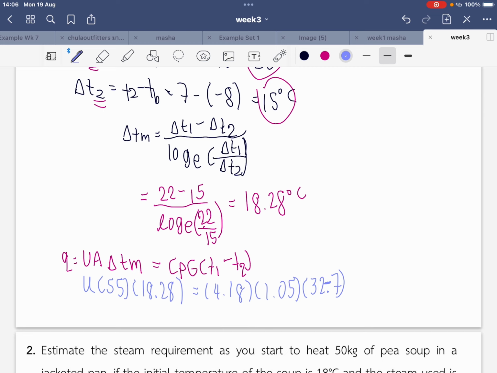And U is 0.109 kilojoules per degrees Celsius, or it is 109 joules. Is the answer?